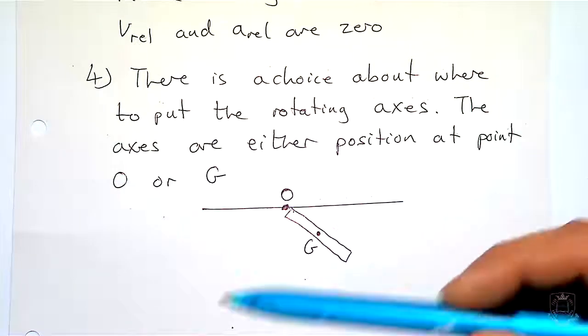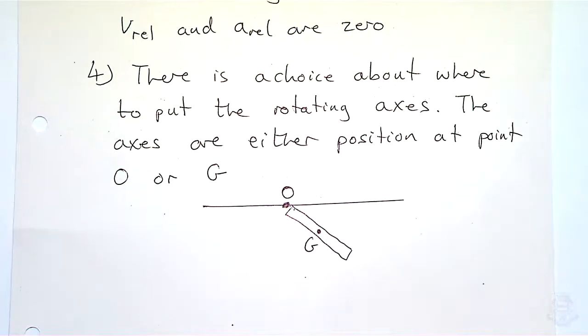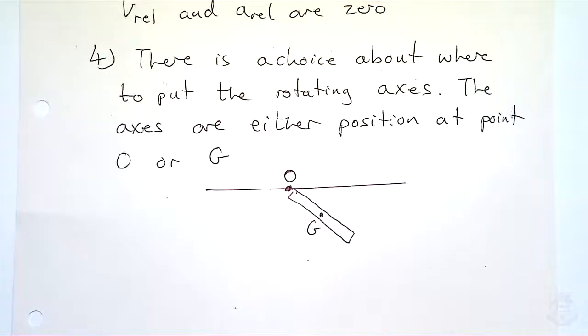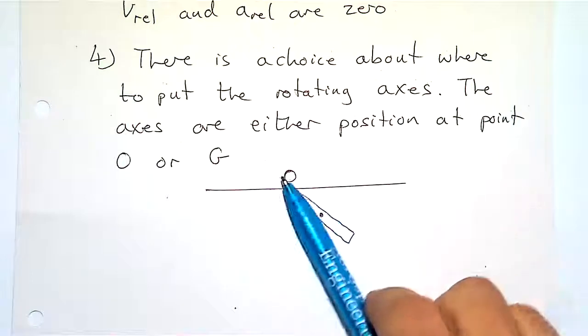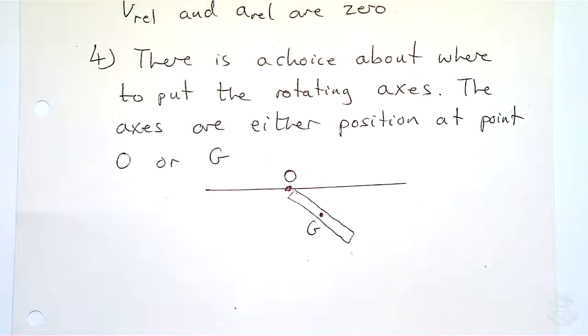There's some logic as to why you might choose the axes in those two different ways. You can see the logic of choosing it at the hinge, because the rotating axes rotate with the door. But there's also another way of solving it with axes centered at G, and it goes through in detail in the PDF lecture slides to show you how that's solved.